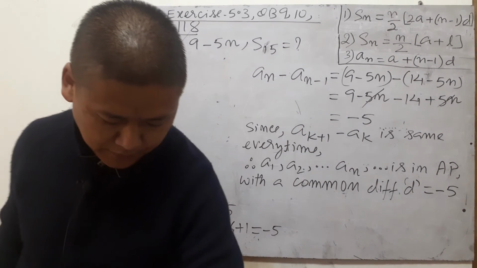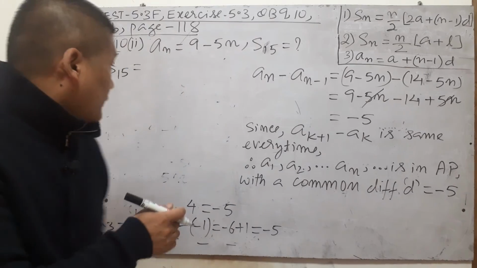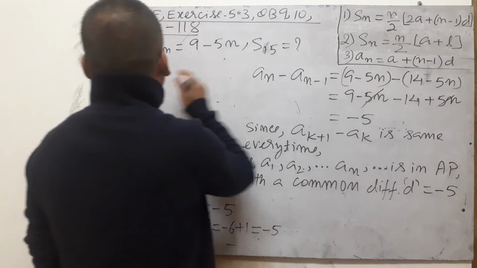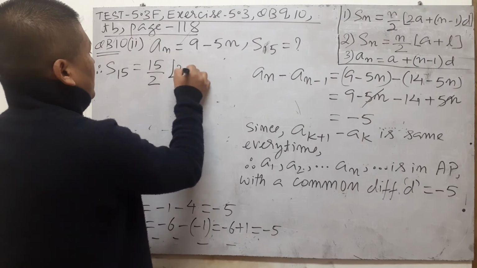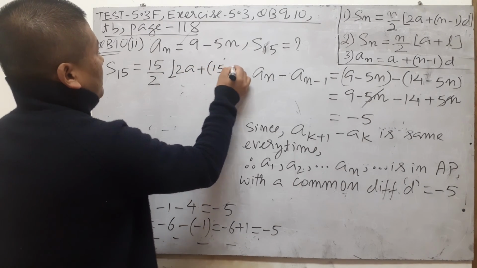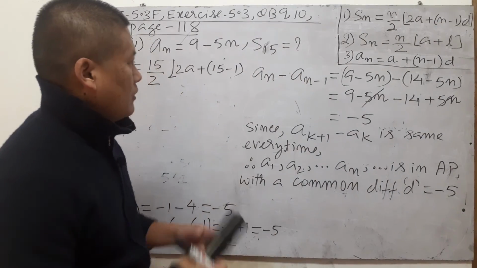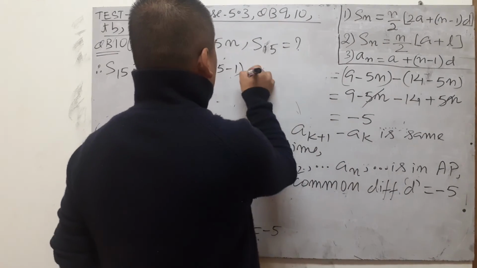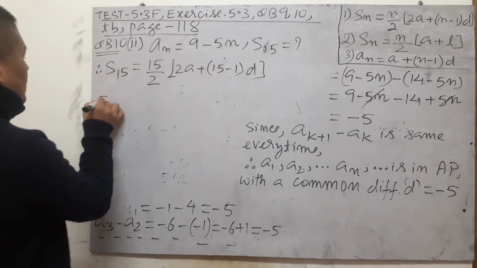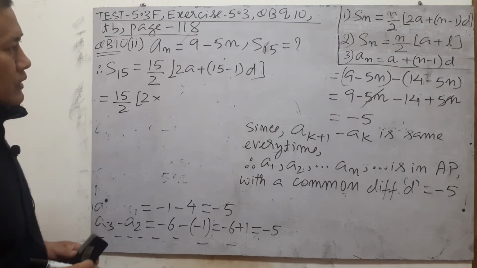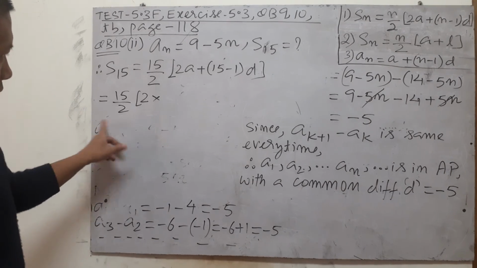Even in the second case, the sum of 15 terms is n by 2, following this formula, n is now 15, by 2a plus n minus 1, 15 minus 1, into d. Close the bracket, and then here 15 by 2 into a, as we calculated a.